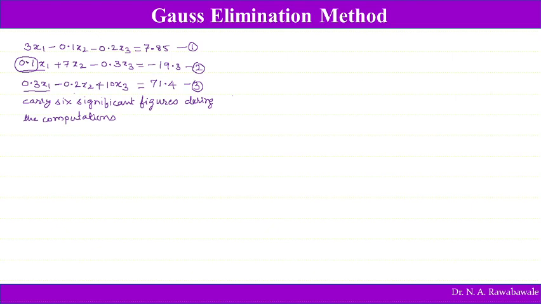Then we will get one equation, which we call equation number 4, and that has to be subtracted from equation number 2. So automatically this term x1 gets vanished. So now we see the solution.